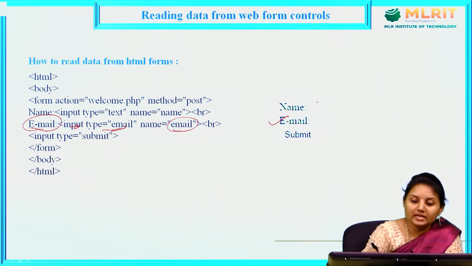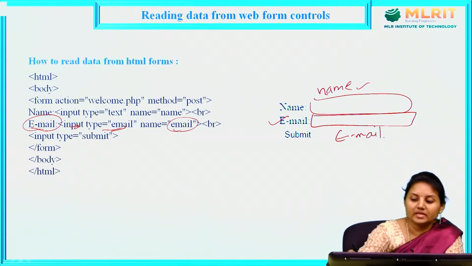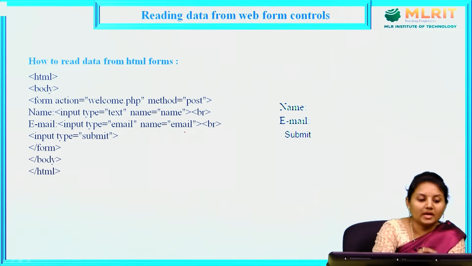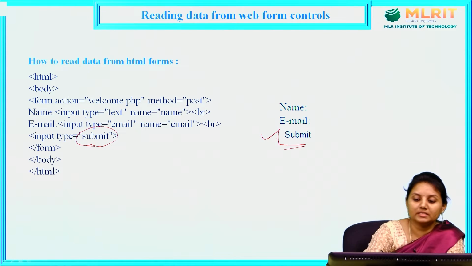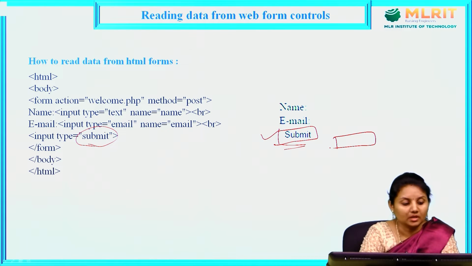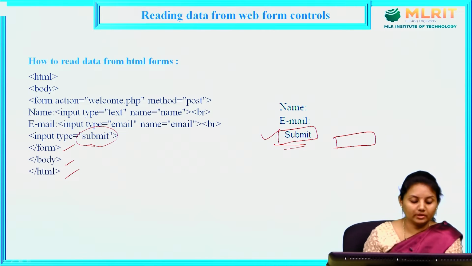To recognize this box we are using name, and to recognize this box we are using email. Clear? So this is about the form, and input type equal to submit. That is why you are getting this as a button rather than an empty text box. Then we close the form, body, and HTML tags.